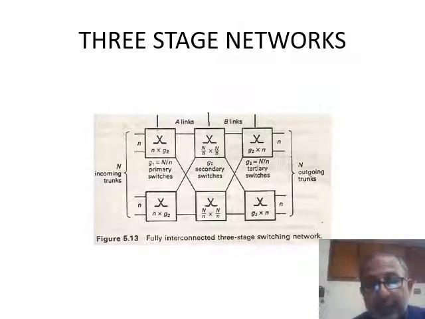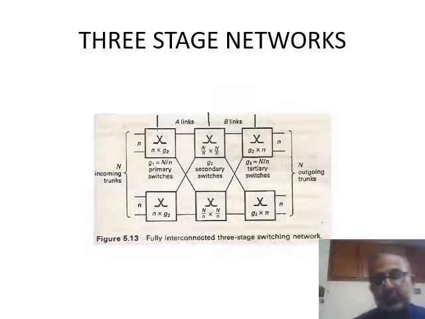Here, the number of inlets is capital N over small n, which is the number of primary switches, and the number of outlets per switch is again capital N over small n, because capital N over small n is the number of the tertiary switches. So one sub switch on the secondary side will have capital N over small n inlets and capital N over small n outlets.